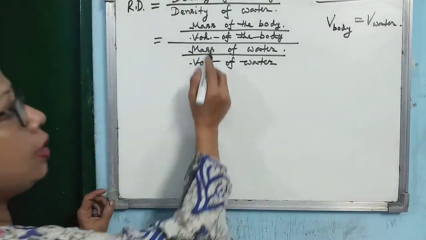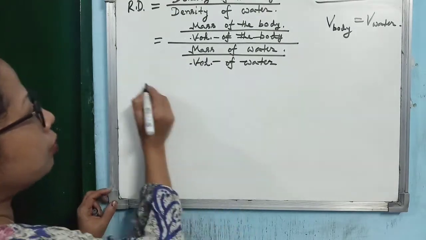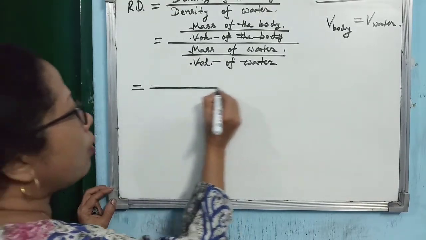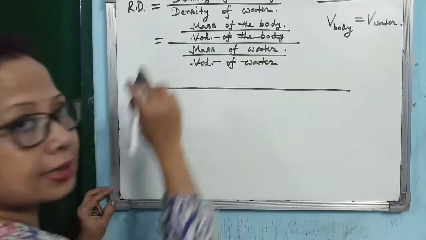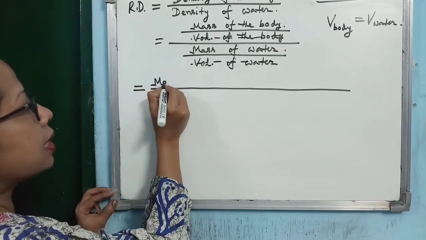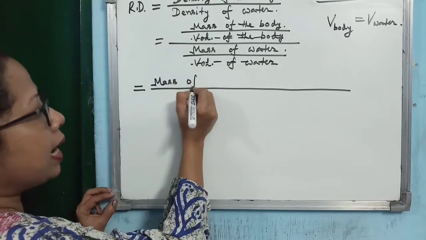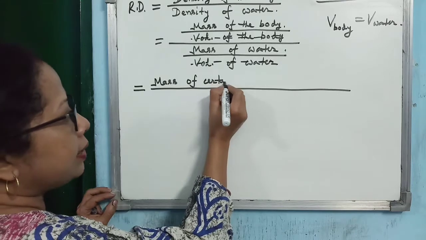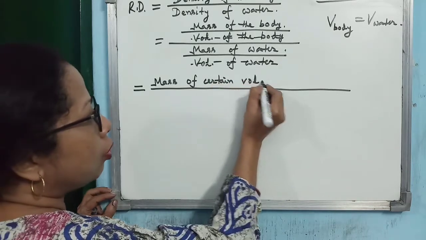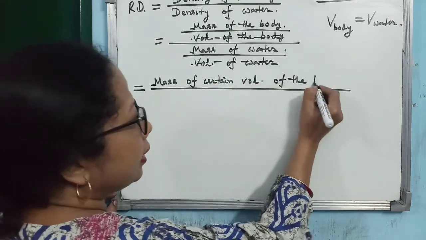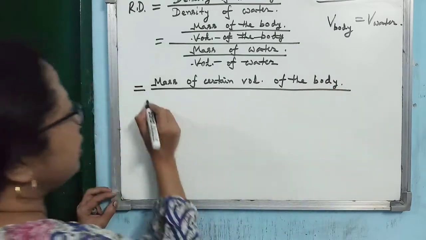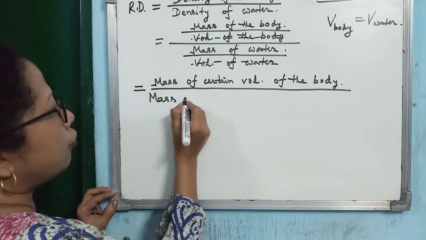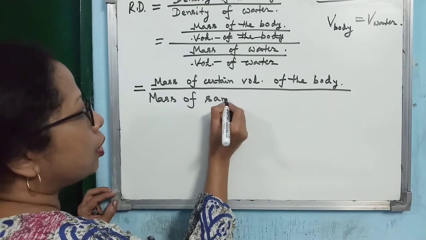So when volume of the body and volume of water are equal, I can reconstruct the sentence this way: mass of certain volume of the body divided by mass of same volume of water.